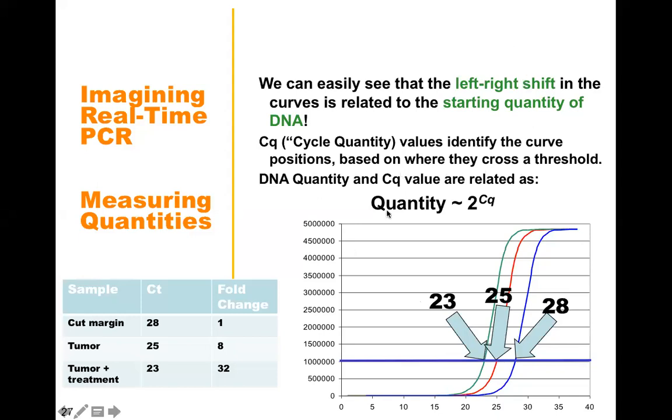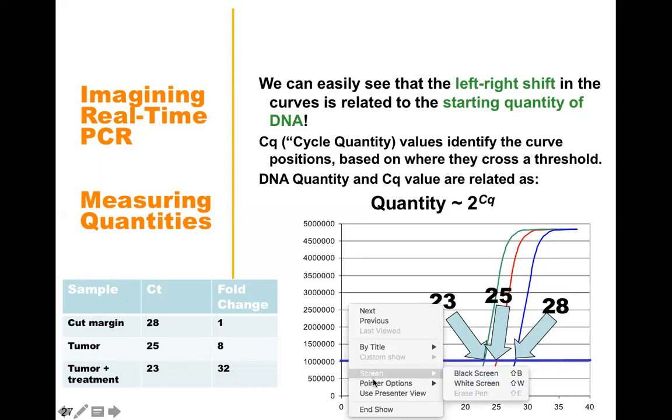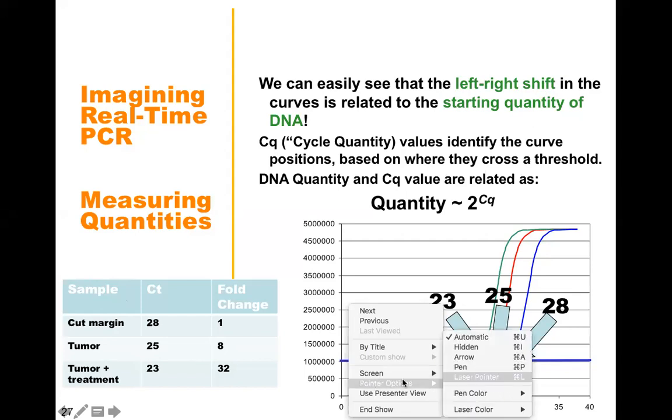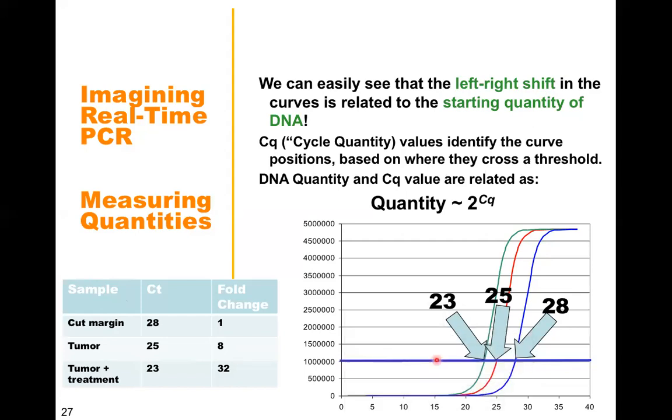So this is what I was talking about in case of cut margin, in case of tumor, and in case of tumor plus treatment sample. This is the standard threshold, the blue line everyone can see, which is put by the machine. Wherever the line reaches over here, it will be considered as the standard CT value.